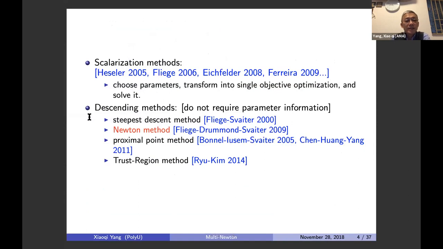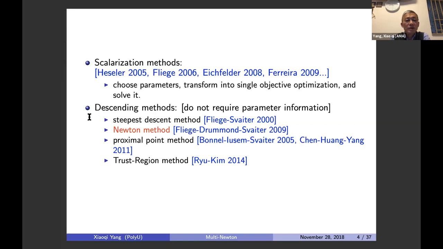Now there are basically two types of methods that can be used. The first one is the scalarization method. In this method, one major issue is choosing the parameters, or the weights.